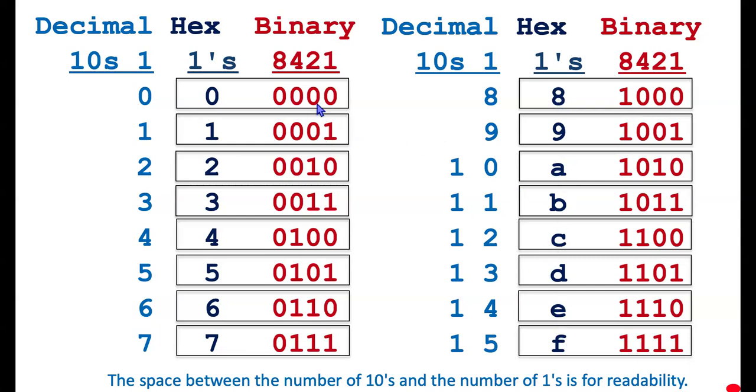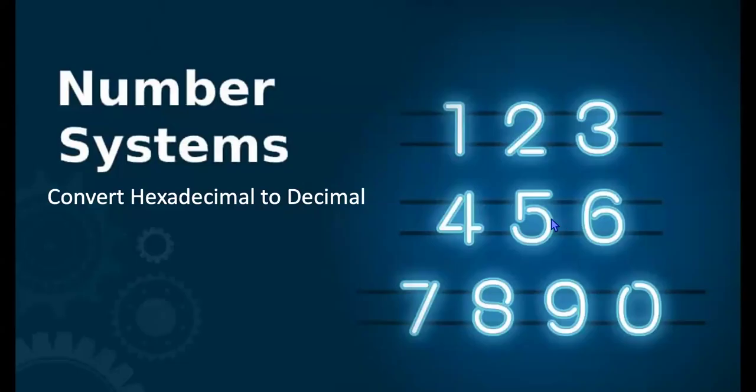Let me say that again. Any combination of 4 bits can be represented by a single hexadecimal digit. It's a lot easier to look at the hexadecimal value than the binary value of the data. Instead of 1011, it's easier just to see a B. This will make more sense as we do some conversions.